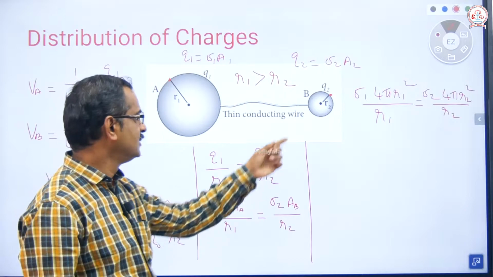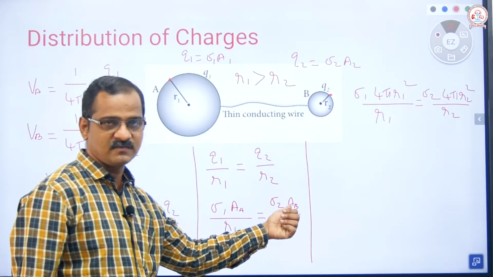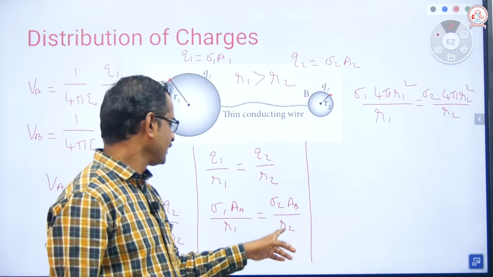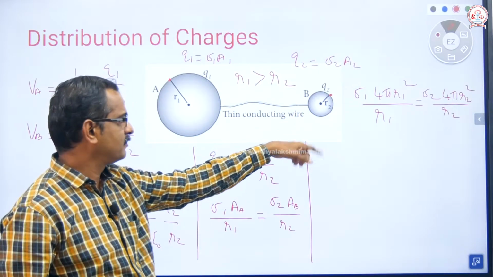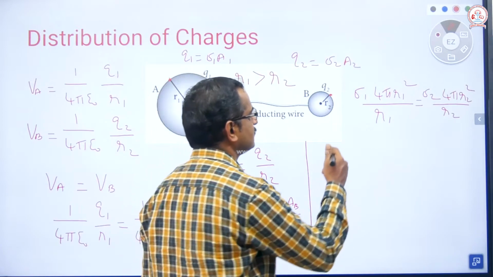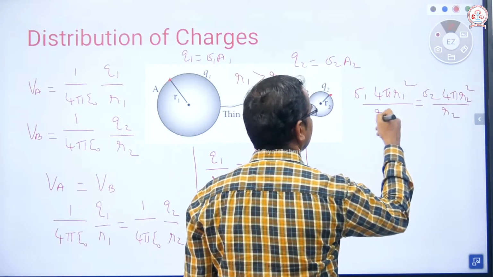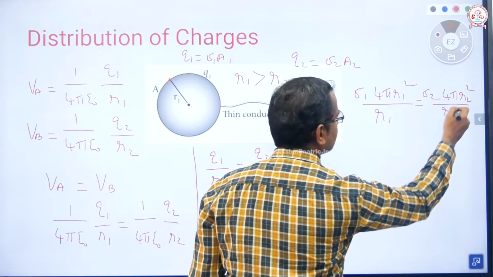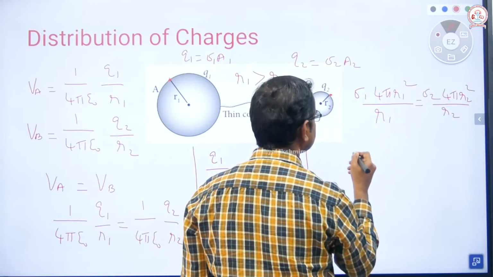Sigma 2 is the charge density, A_B is the area of sphere B, and R2 is the radius of sphere B. Then R1 gets cancelled, R2 gets cancelled, and 4 pi gets cancelled.